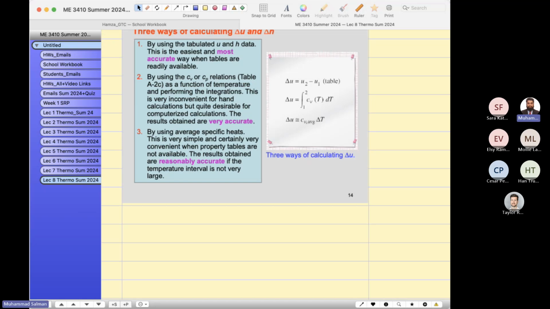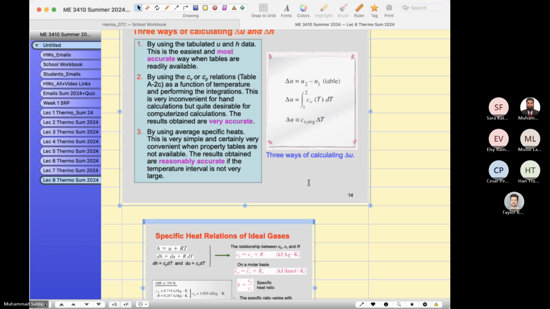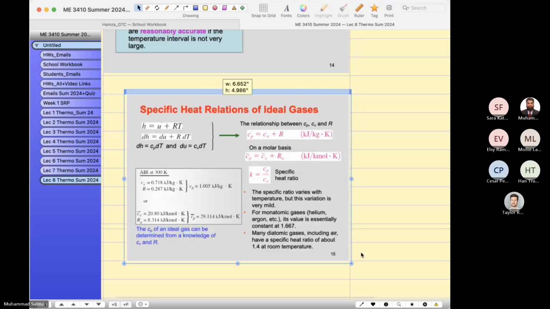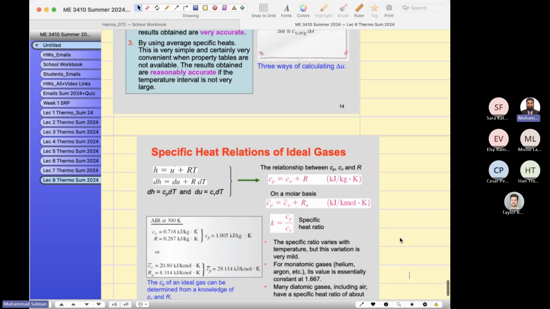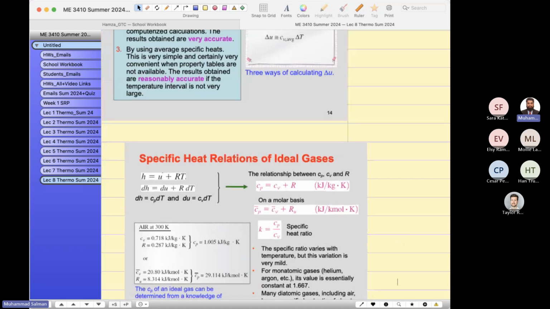So they are telling us three ways to find delta U. I already mentioned to you that Cp minus Cv equals R. This is the same relationship.